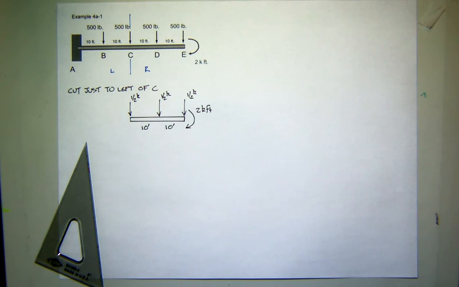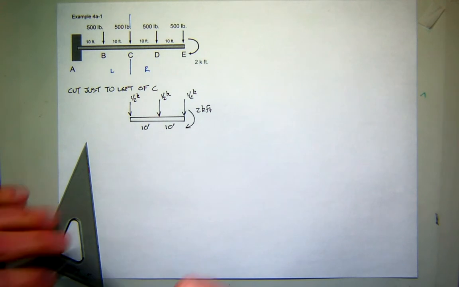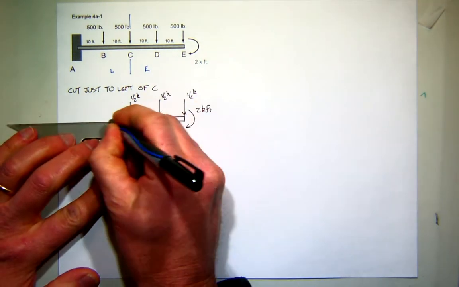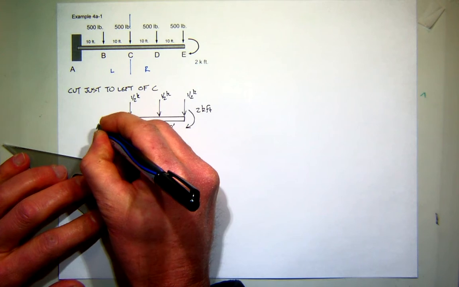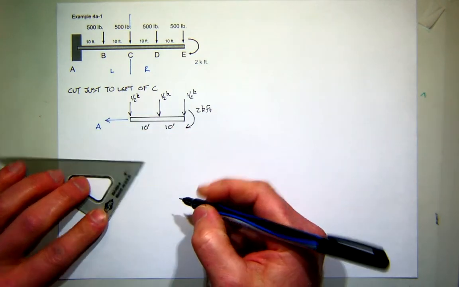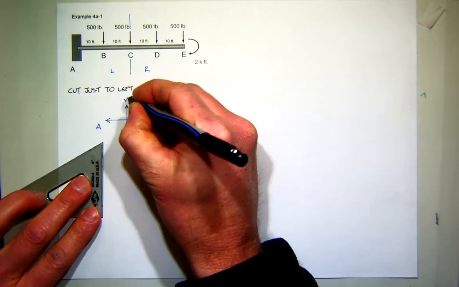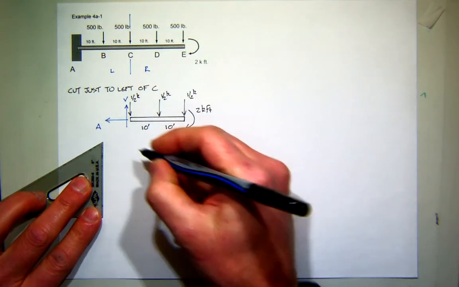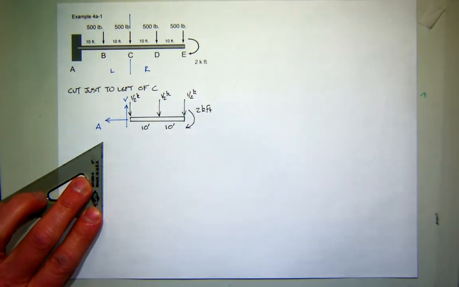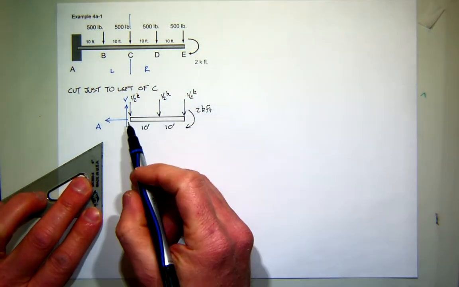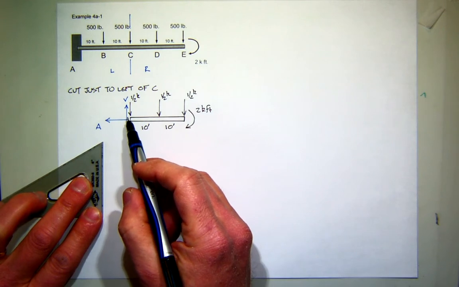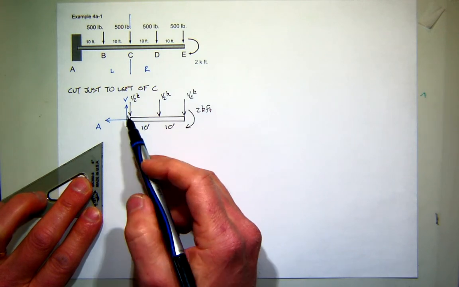Now, on that left face, I'm going to draw positive axial force, positive shear force. So the significance of cutting it just to the left of C is that you get all of those. When I cut just to the left of C, I get this additional half kip force.